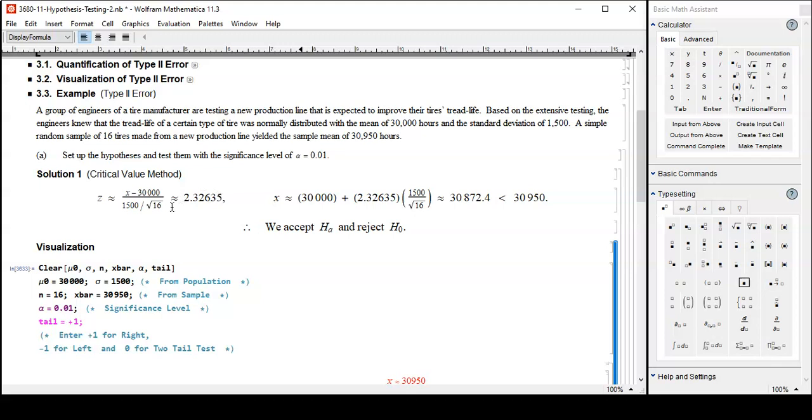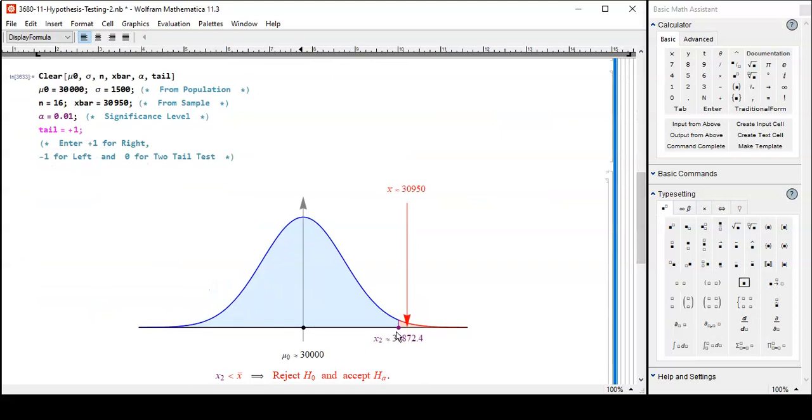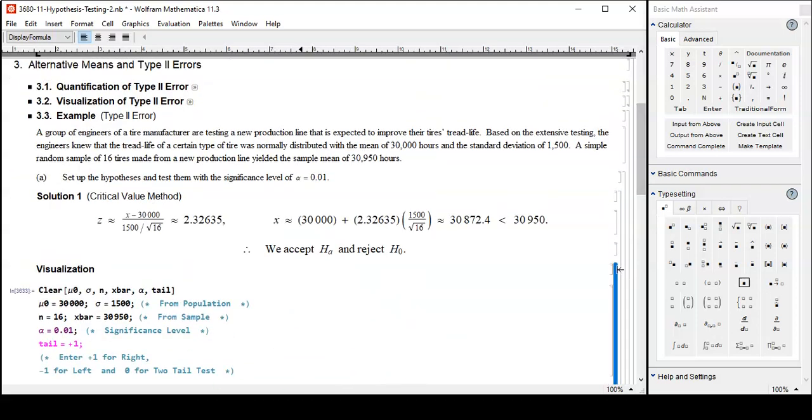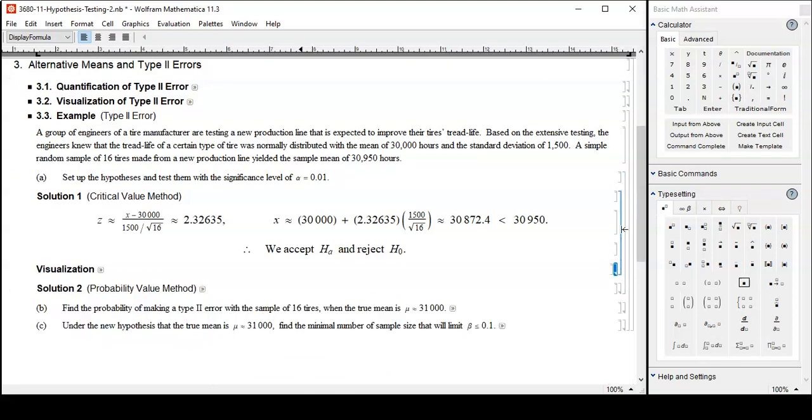I use a little bit more accurate figure, but if you look up the z-table, you're going to get 2.33, by the way. So if I calculate this critical value, I get 30,870 something here, and 30,950 is greater. Okay, the alternative hypothesis wins according to this.